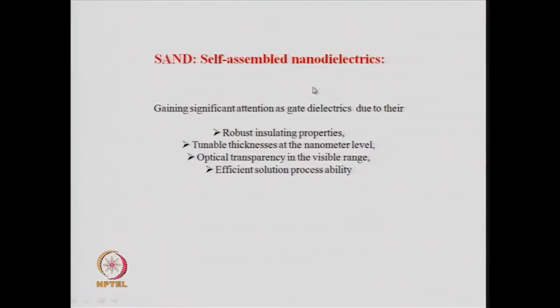Now, this is self assembled nanodielectrics, where the main aim is to use these dielectrics in circuits where they do the role of what is called the gate. The gate allows the charge carriers to flow. It is like a gate: if you open it, something can go in and out; if you close the gate, then it does not allow the flow of charge carriers.